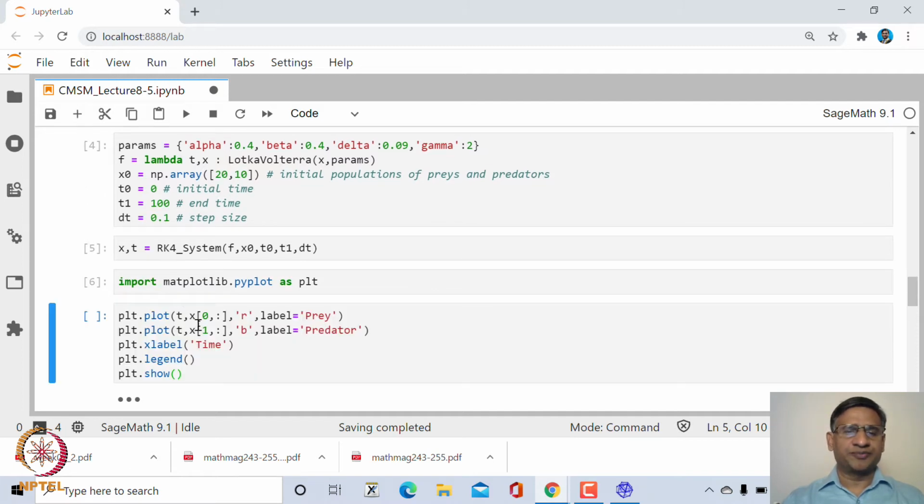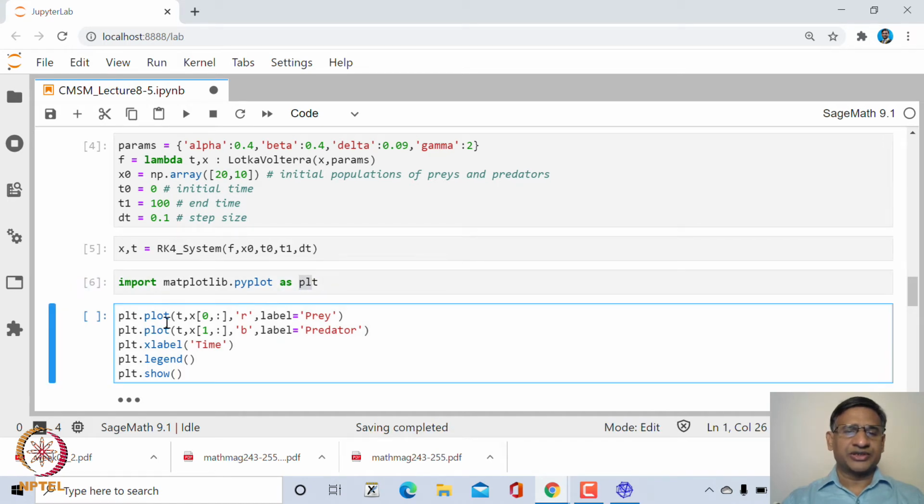So, for example, let us first import pyplot from matplotlib as plt, and first let us plot the prey in red color. It is plotted against time, and x0 colon, that is all the zeroth row, the first variable, and all the columns, that is for each time you are considering.